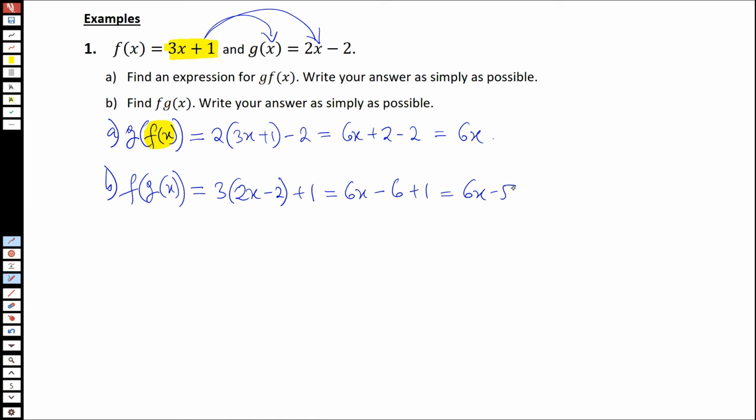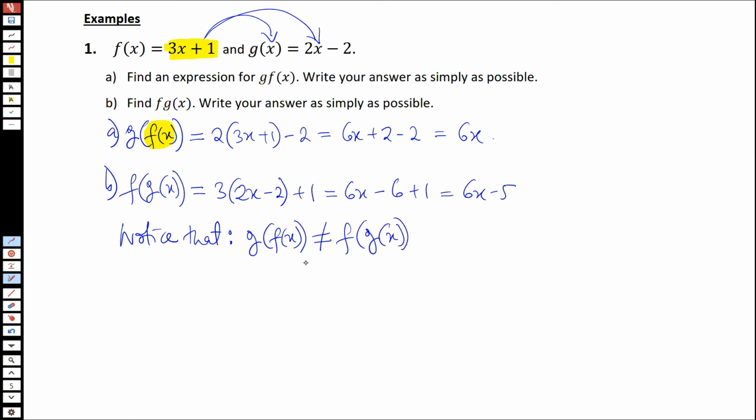All right, so one thing that you may notice here is that here f is applied first followed by g, and here g is applied first followed by f. And we can notice that if you reverse the order, then you don't end up with the same result. So we have g of f of x is not equal to f of g of x.